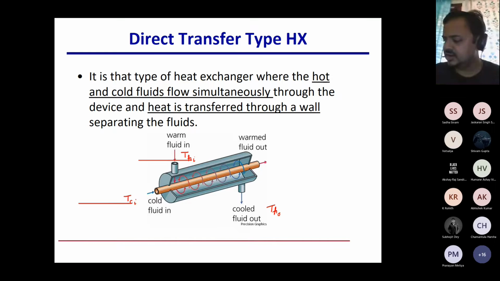This is TCI. This is TCE. Let us use E for exit. So the cold fluid heats up, the hot fluid cools down.